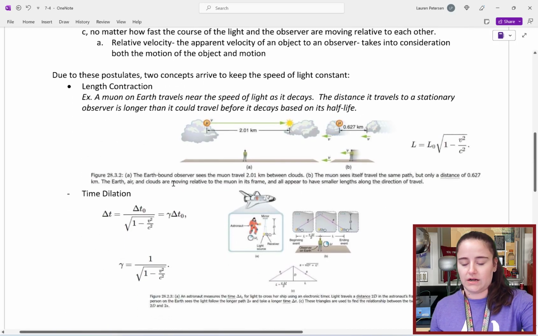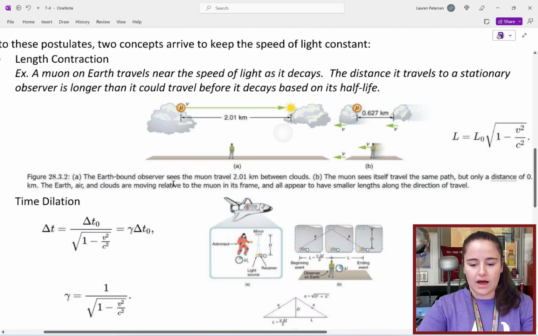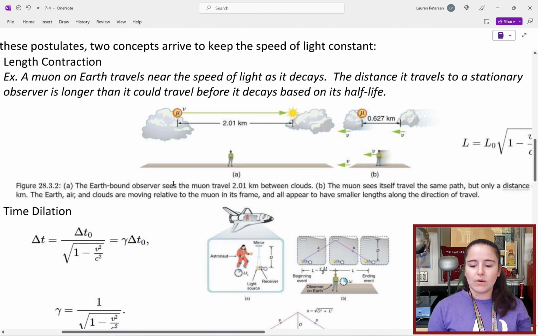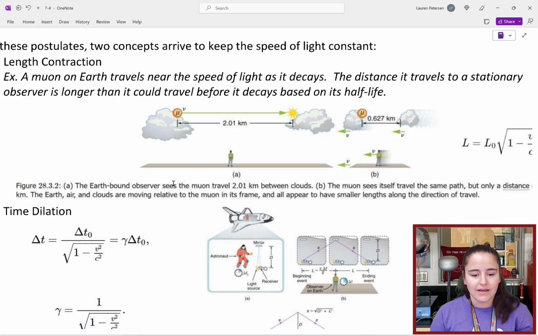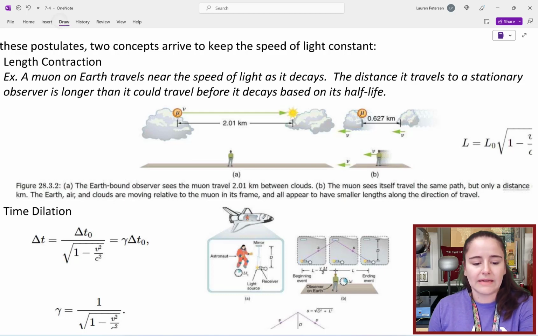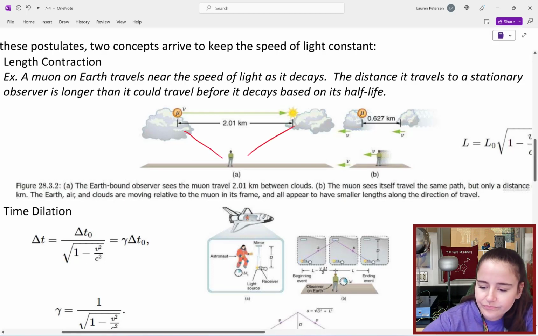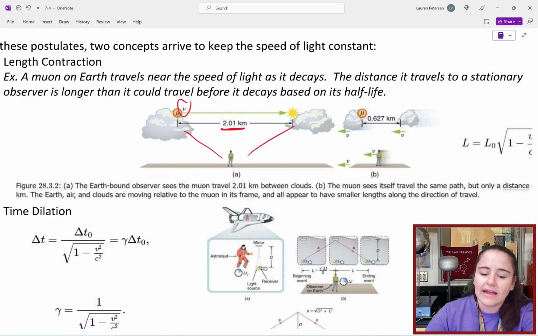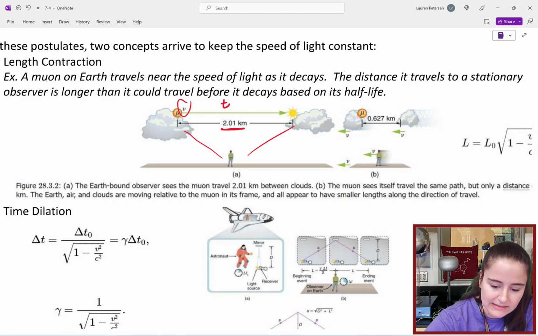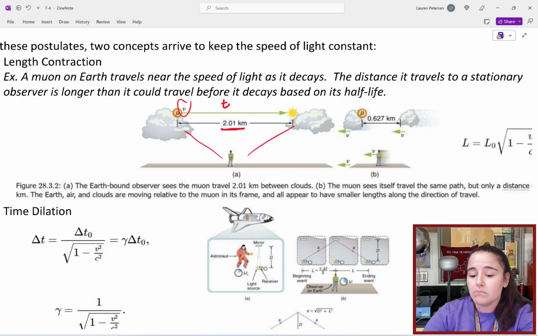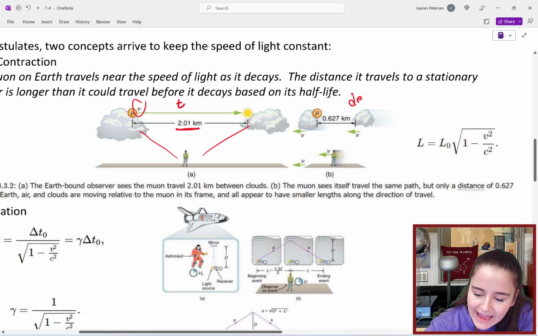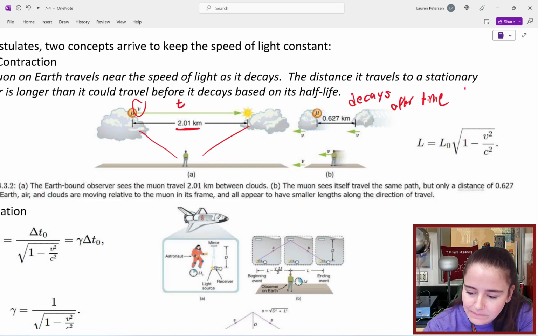One of the ways that we can understand this is through something called muons. Muons are subatomic particles that travel near the speed of light, and they decay. If we had an observer on the ground, they would see it traveling at some speed v and see it go this distance, and that will take some amount of time, t. Now, the muon decays after a time t.